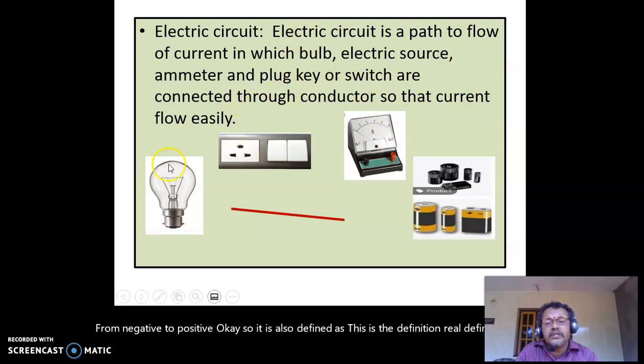What are the main components? Bulb, switch, ammeter, source of current and conductor. These are the main 5 important components to form a circuit.